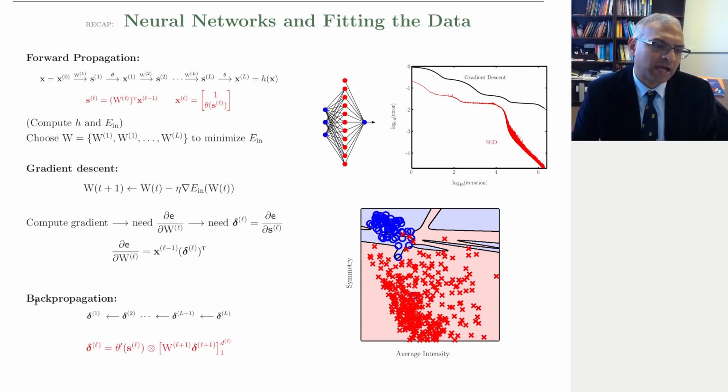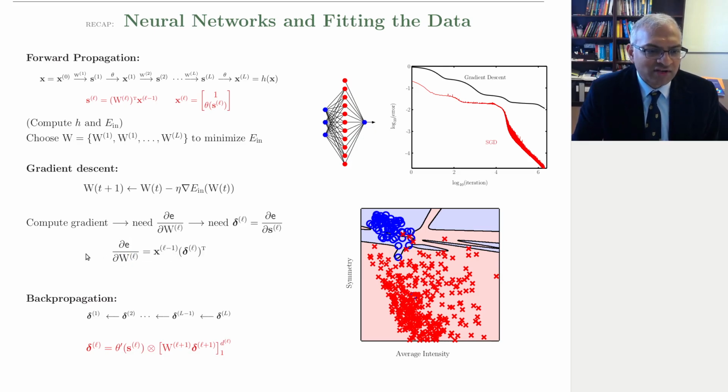So we need to develop a parallel algorithm that computes the gradient, and that's what backpropagation did. Last time, we said for a given set of weights and an input x, you have an error, and we can compute all the outputs at every layer, including the last layer, which gives us h of x. What we're interested in is how the error E would change if I change the weight matrix WL into one layer.